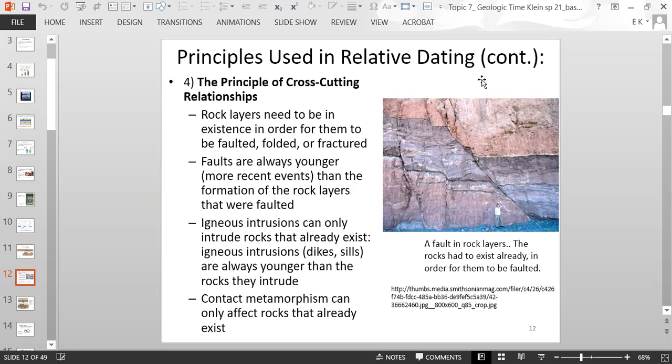What that means is these rock layers formed and existed, and then the fault line affected the rocks. So the fault line is younger than the formation of these rock layers that were faulted.